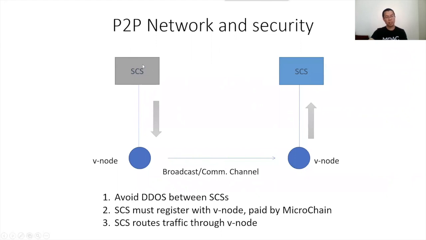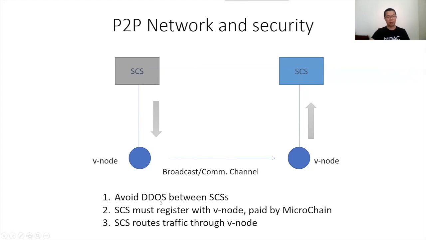So each SES will connect to a V node, and all the communication from one SES node to the other SES node will go through the channel between V nodes. They will reuse the existing P2P network of the lower layer, either by a broadcast method or communication channel method.